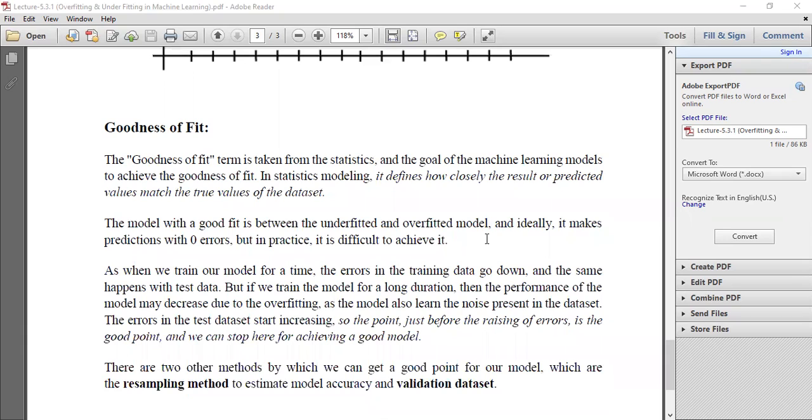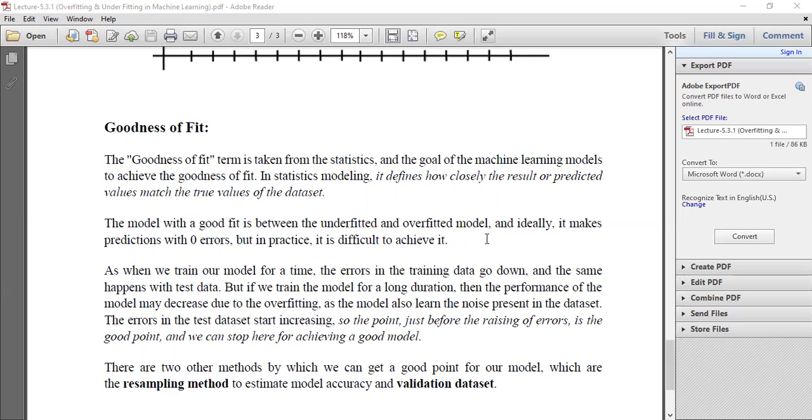Goodness of fit. The term goodness of fit is taken from statistics, and the goal of the machine learning model is to achieve the goodness of fit. In statistical modeling, it defines how closely the result or predicted values match the true values of the data sets.